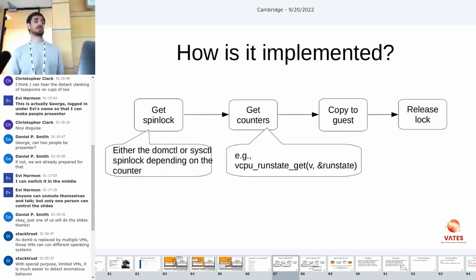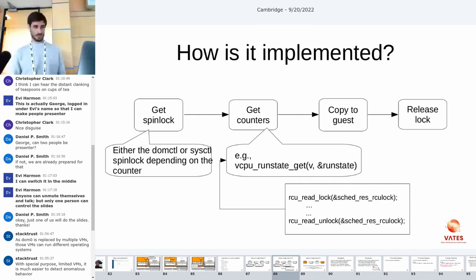So how is this actually implemented? Generally speaking, you take the spinlock, either the domctl or the non-domctl spinlock, depending on the counter. Then you get the counter, you copy it into the guest, and then you release the lock. In particular, in this slide, we see that when we get counters from a particular VCPU, we are also relying on other locks, like the RCU read lock.